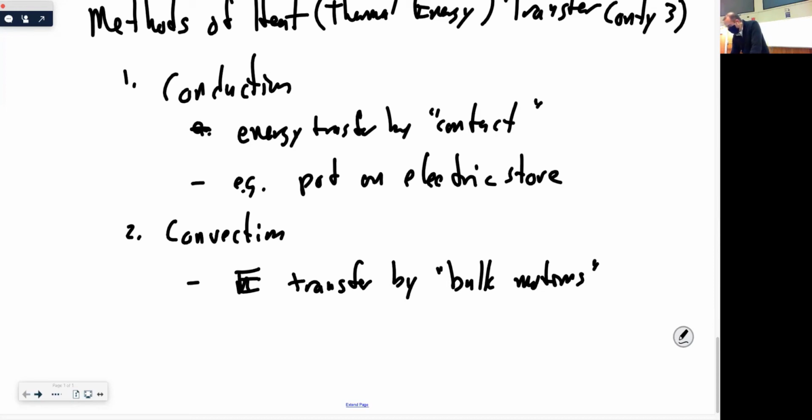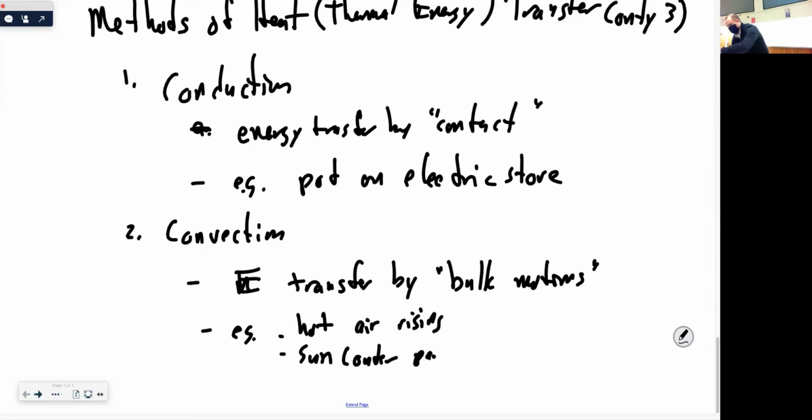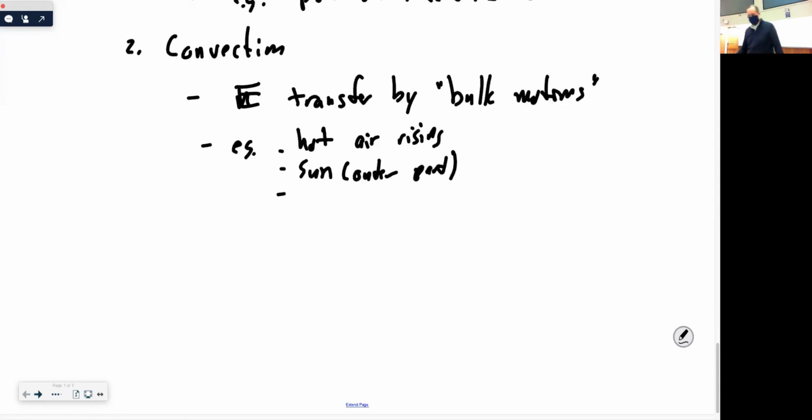So examples: hot air rising, the FedEx guy delivering hot soup, the sun's outer part, Earth's interior, etc. There's lots of different ways. Miso soup, you get the idea. Okay, there's one more. Let me know what the last one is.